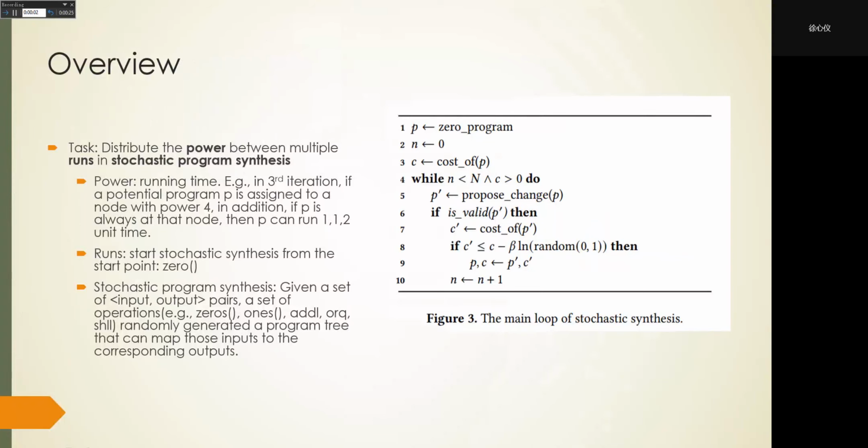First, I'm going to introduce what stochastic program synthesis is. Stochastic program synthesis focuses on this: you give it a set of input-output pairs, and you give it an operation set to choose from, some opcodes, for example add, multiply, or subtract.